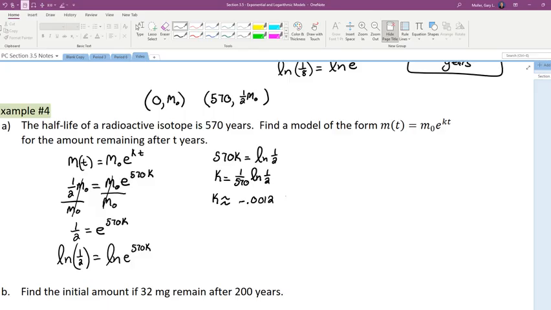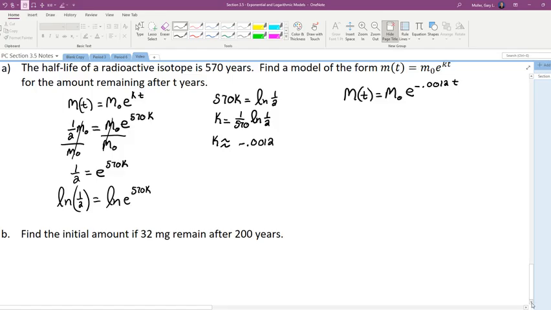Okay. So now I know my model is m of t equals whatever my initial amount is, which I still don't know, e to the negative 0.0012 t power.